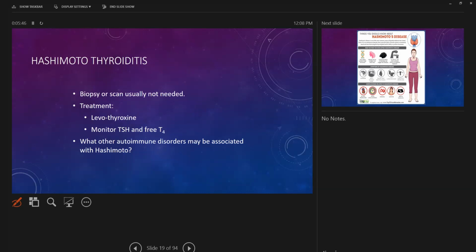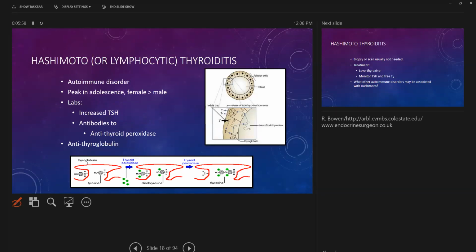In any case, usually this is triggered by an infectious process. They develop this immune response that then is specific enough to target the tissue in the thyroid, or the peroxidase itself, or the thyroglobulin itself, causing the inability of the thyroid gland to produce the precursors for these, and then also causing an increase in the production of T3 and T4, therefore causing inflammation of the thyroid gland or inability of the thyroid gland to function.